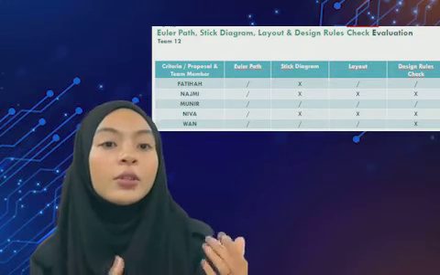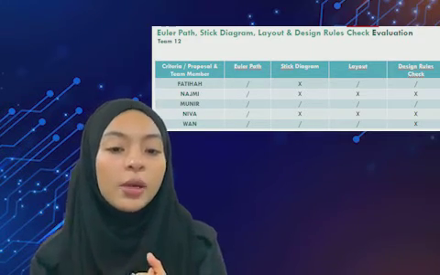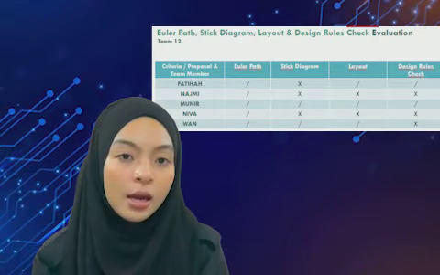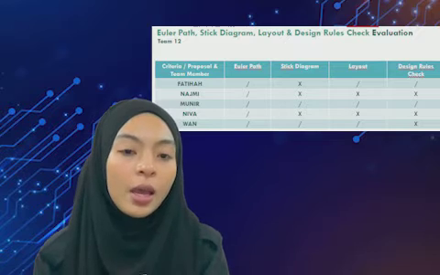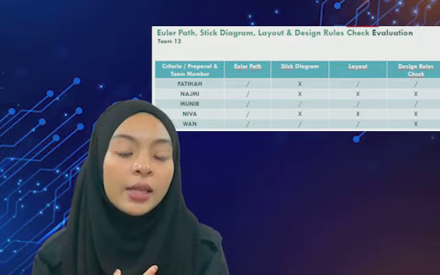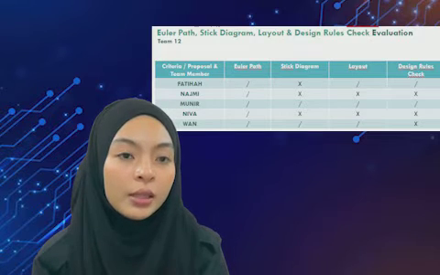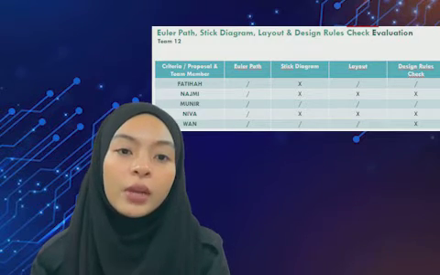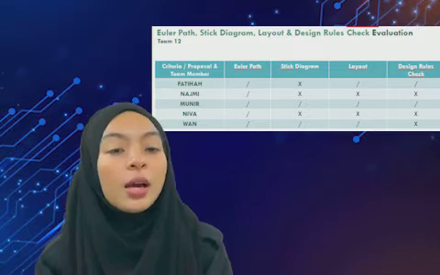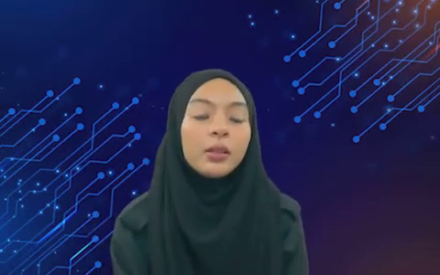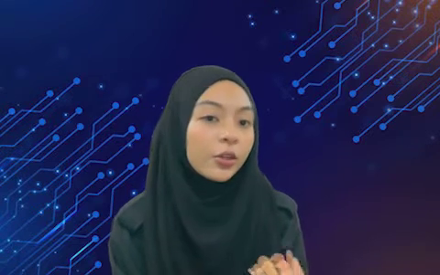Here, as you can see, the best one that we picked is Munir's, because his Euler path, stick diagram, and layout and design rules check follow the requirements that we need to meet throughout the mini project. After that, we can continue in Mentor Graphics.